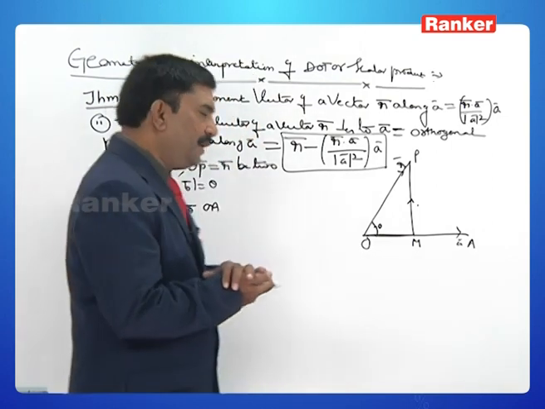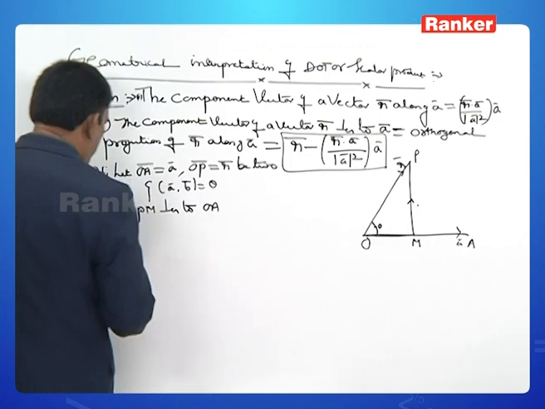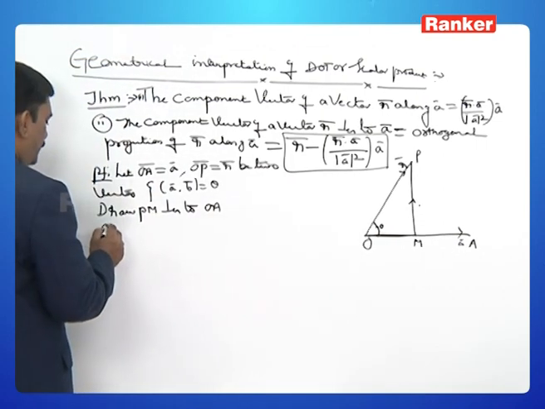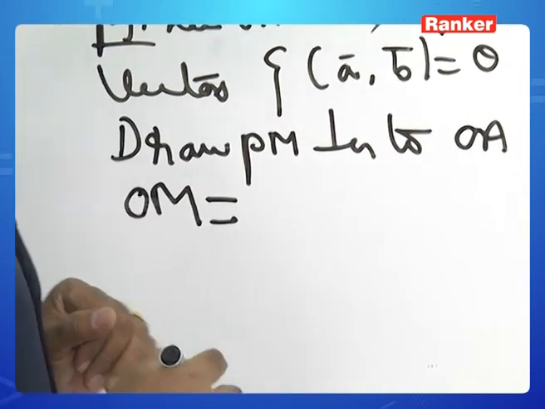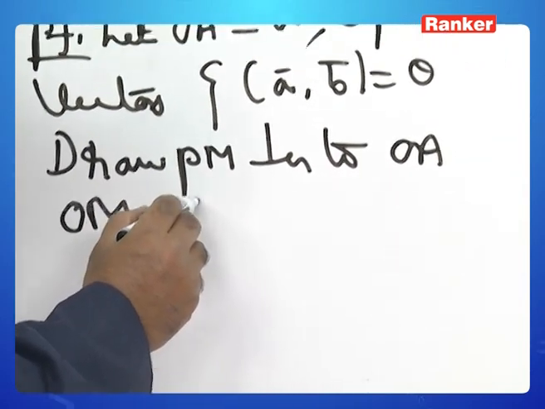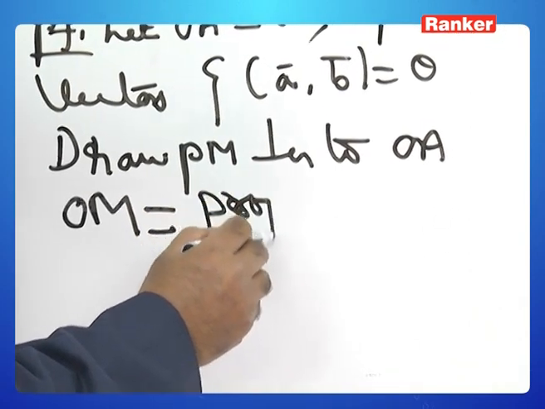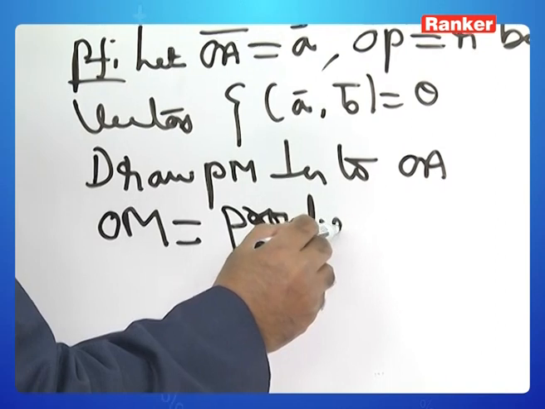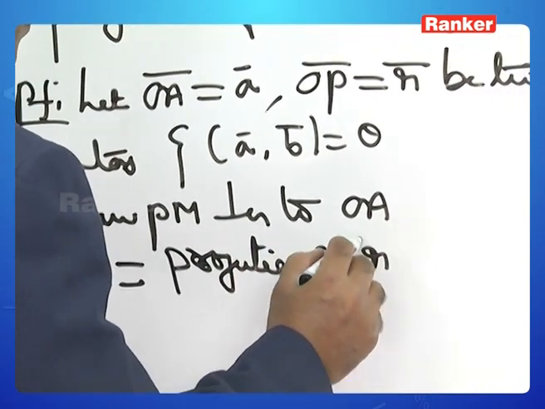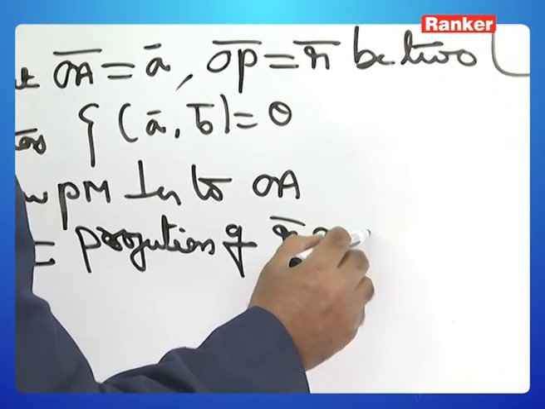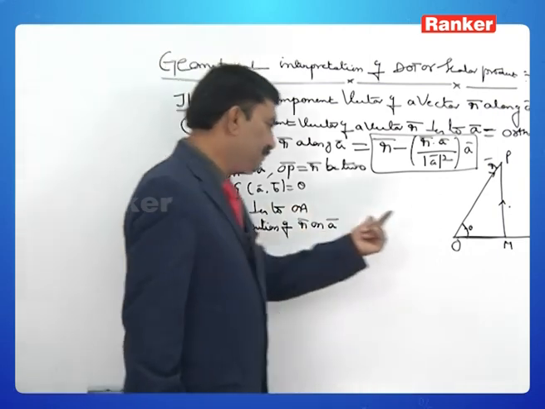Followed? So now OM is nothing but the projection of R bar on A bar.